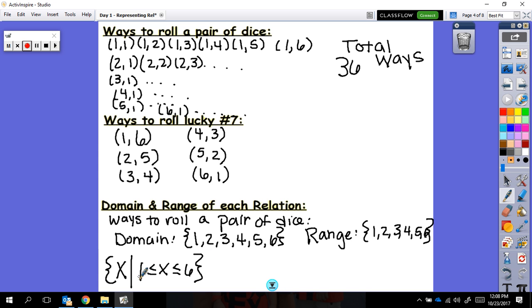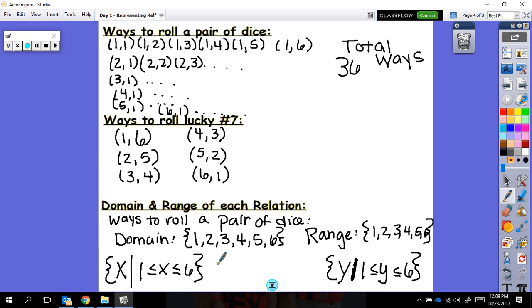So my x is between 1 and 6. You could write the same way for the range, except now we're going to switch to a y. So y such that 1 is less than or equal to y is less than or equal to 6. Okay? So one way is just to list the numbers. It's just a list. The second way is what's called set builder notation. That's this one and this one.